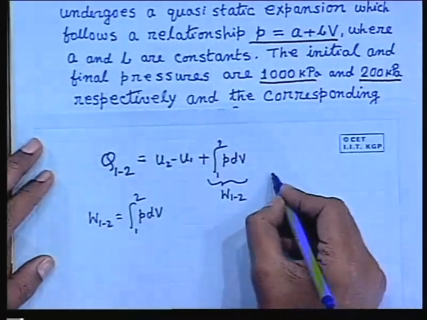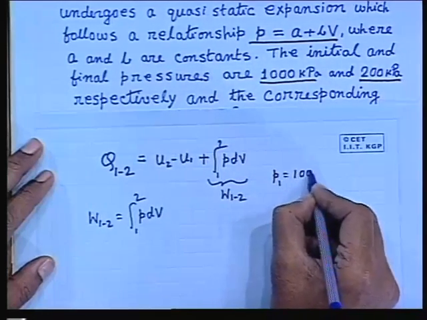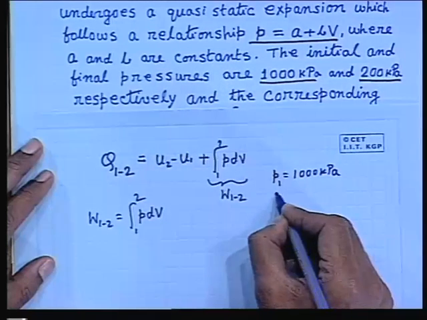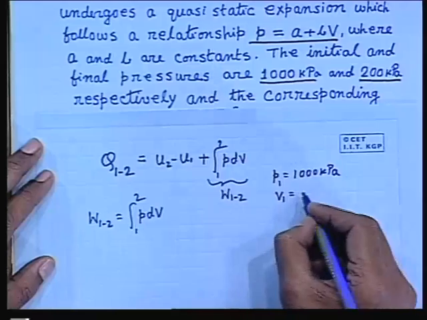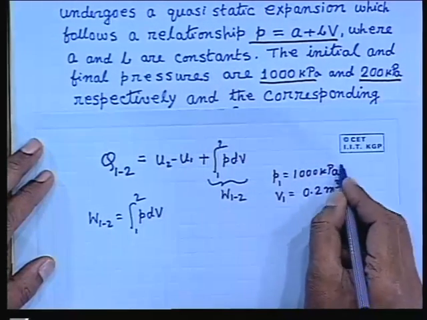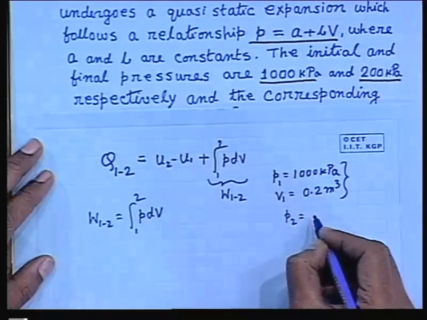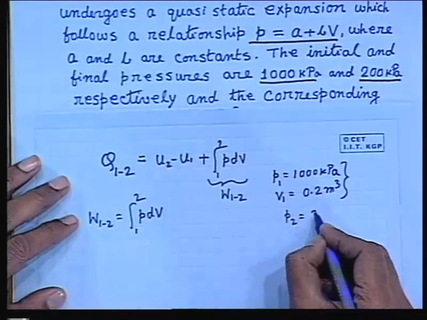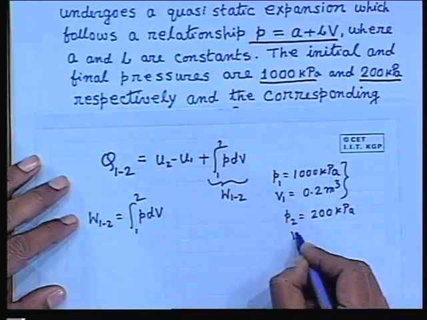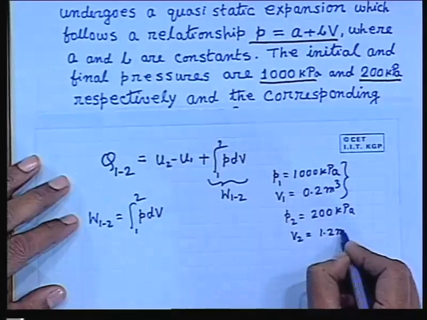That means when P1 is 1000 kilopascals, V1 is 0.2 meter cube. This is one set. Another is P2, 200 kilopascals, and V2 is 1.2 meter cube.